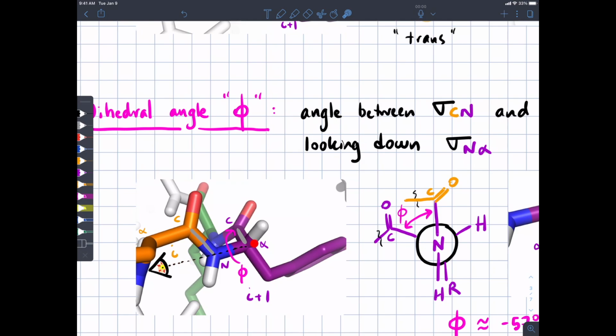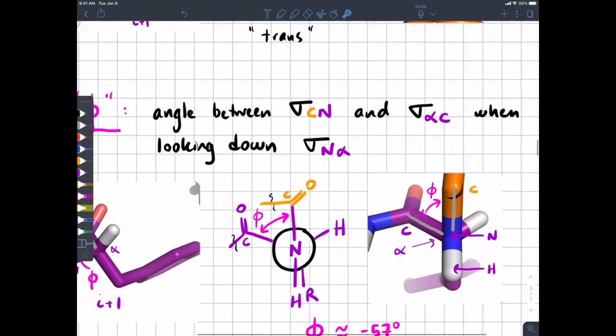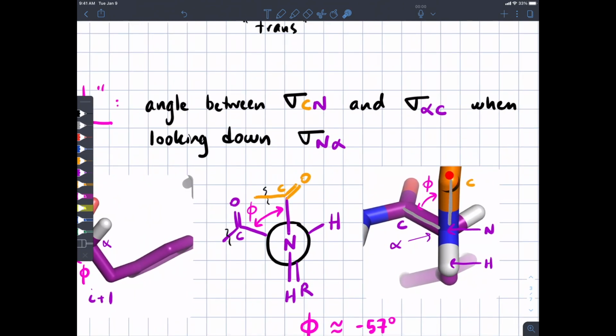So if we look down that bond, here's the view in the PyMol program. Here is our nitrogen in the front. You can't see the alpha carbon in the back. The nitrogen in the front is bonded to this carbonyl carbon here. And then the alpha carbon in the back is bonded to a hydrogen, a side chain, and then the carbonyl carbon, the purple carbonyl carbon.